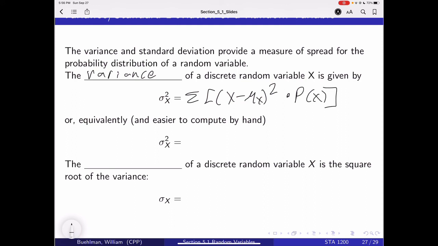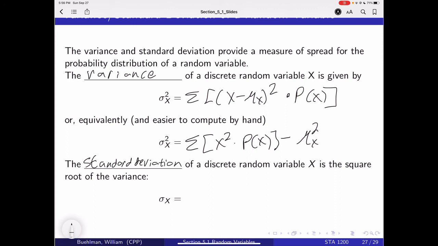Or equivalently, and this is easier to compute by hand, it is the summation of x squared times p of x minus mu of x squared. So if you're doing it by hand, that's the easier way to do it. The standard deviation of a discrete random variable x is the square root of the variance. So again here, standard deviation is still the square root of variance.